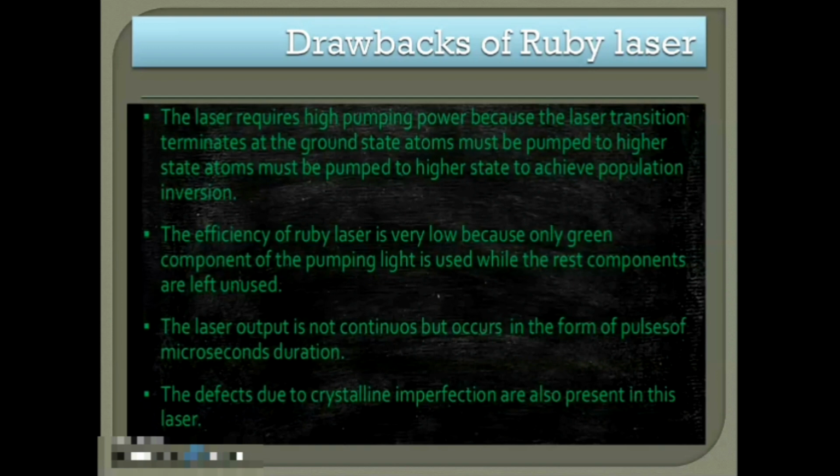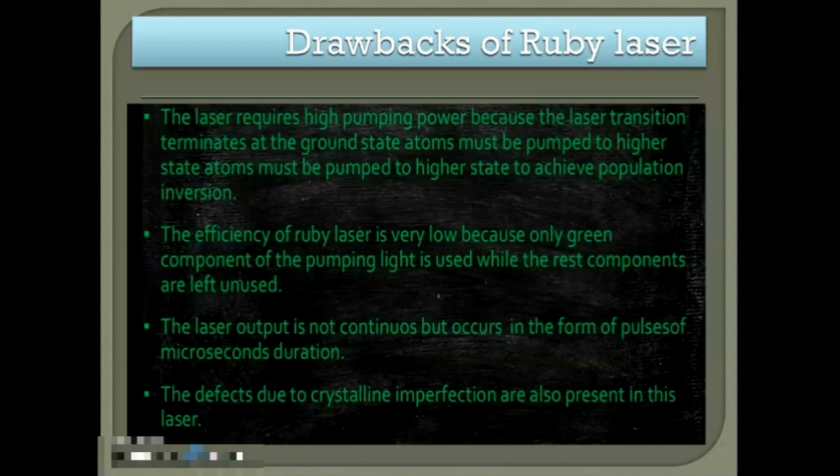The second drawback is that the efficiency of Ruby laser is very low in comparison to other lasers. Third, we cannot obtain continuous radiation from the Ruby laser. It is a pulse laser.